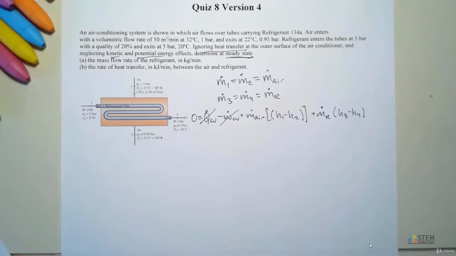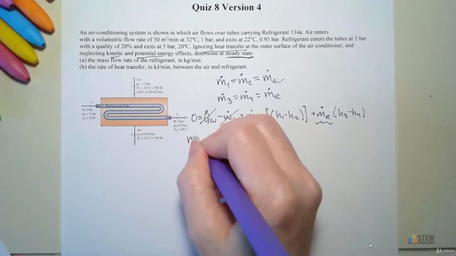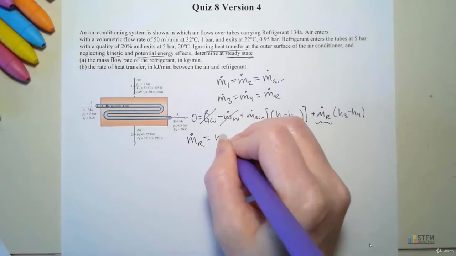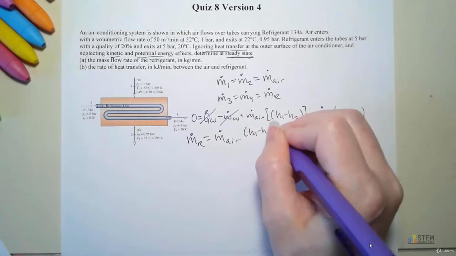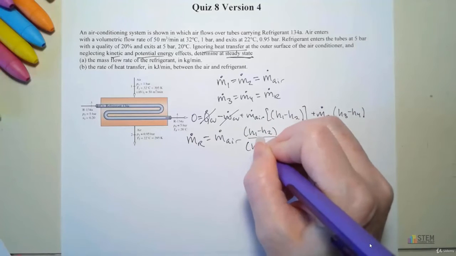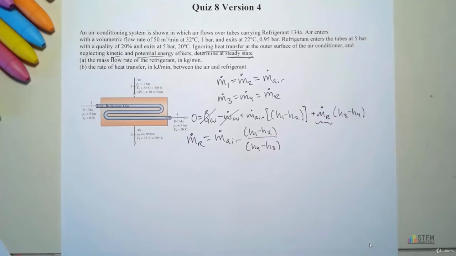Now with that, we can solve for mr dot, which is what we're looking for. So mr dot is going to be the mass flow rate of the air times h1 minus h2 over h4 minus h3. Alright, so now we got that.